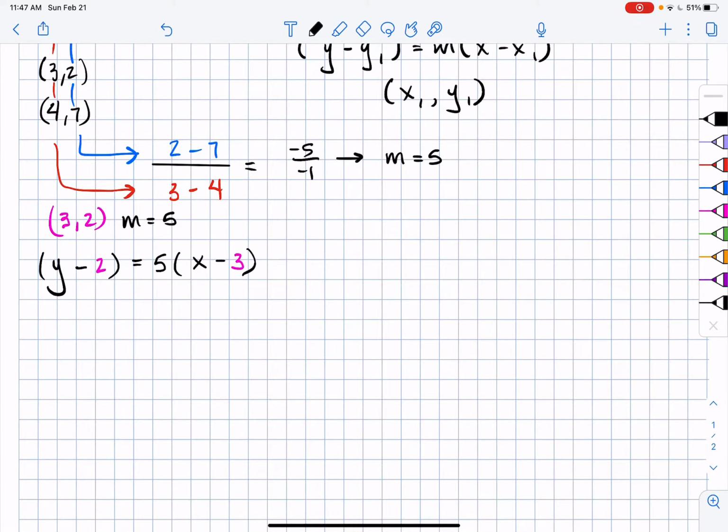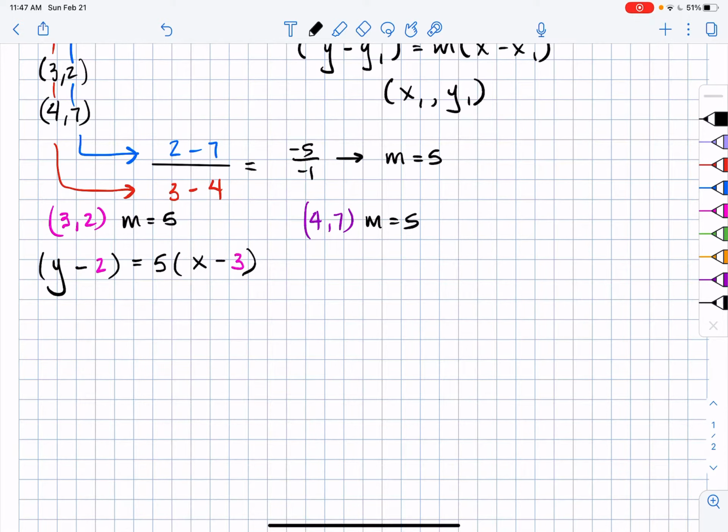Now, typically, if I want this to be a slope-intercept form, I can continue on and get y by itself, and then I will have my slope-intercept form. Okay. Now, I could also use the point 4, 7 with my slope of 5.